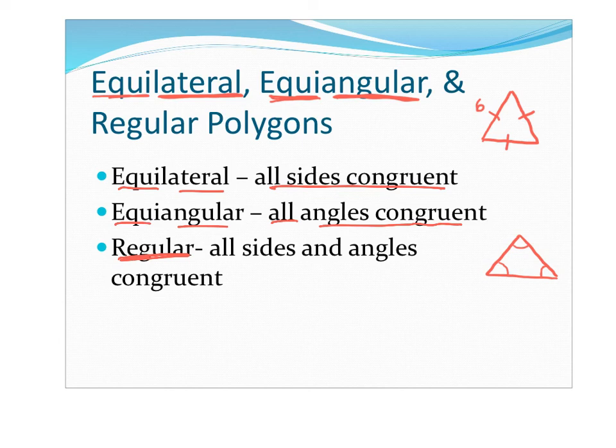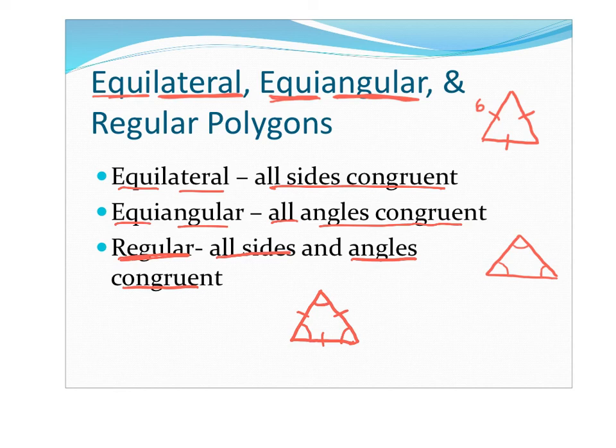It actually has a very specific definition: all the sides are congruent and all the angles are congruent. So a regular triangle would look like this. A regular triangle has both things. The sides are all congruent and the angles are congruent.